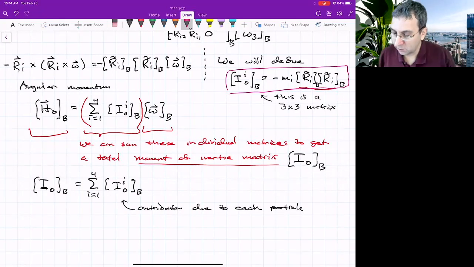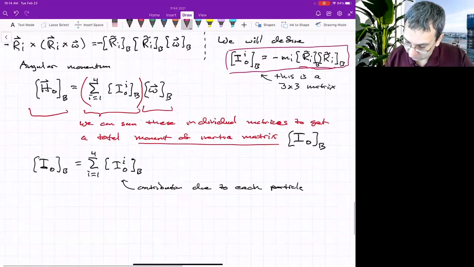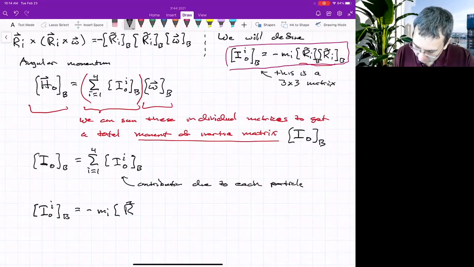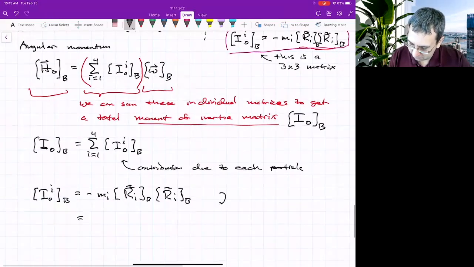Well, when you work out what those two matrices multiplied by each other are, they work out to be pretty nice. So this is the moment of inertia due to particle i, negative mi ri tilde times itself ri tilde. Through some algebra, this is what you'll get.